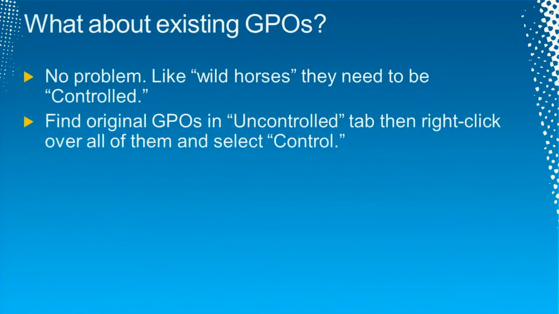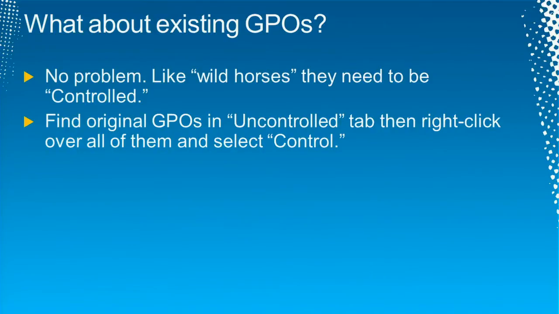So like I said, what about existing group policy objects? I already blew my joke here. It's not a problem. Even if you have 200, 300, 1,000, whatever group policy objects, and you want to get them to the place for you to utilize them in this new utility, AGPM, what are you going to do? You're going to control them. It's super easy. They live in a place called uncontrolled.